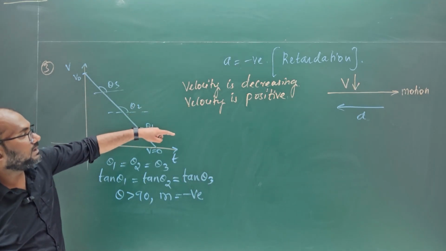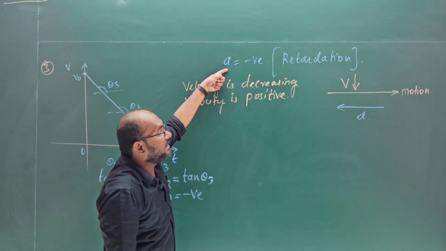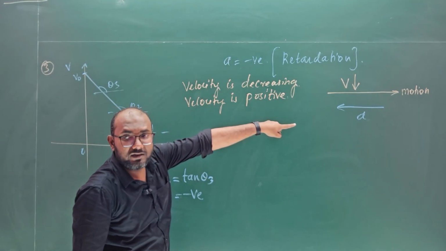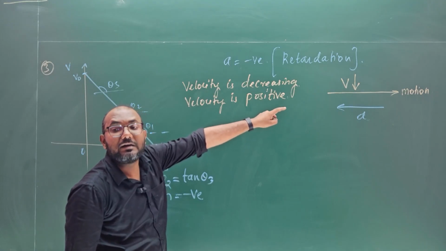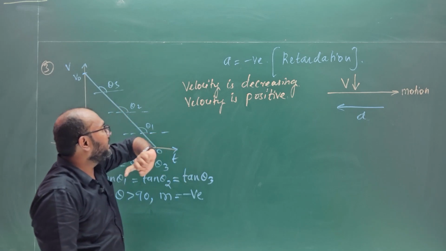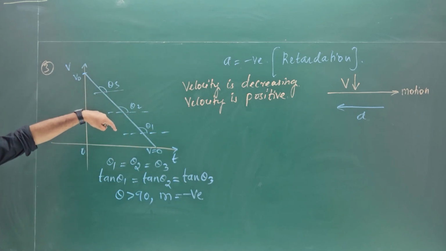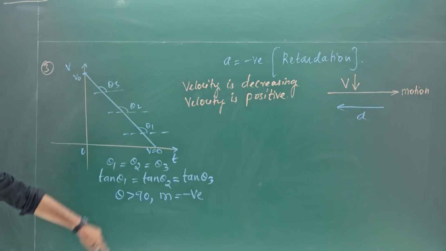First thing, velocity is decreasing. Second thing, velocity is positive and acceleration is negative, and that's the reason acceleration is here as retardation. I got my point. Anything else we can comment over here? 90, negative, slope.